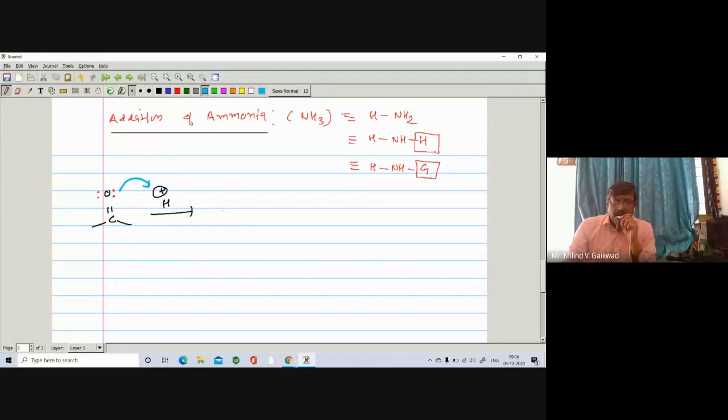And you are having such type of protonation product. Here is a carbon C double bond O, right? So there is a formation of a bond between the O and H. Oxygen carries a positive charge. It undergoes protonation, and further it reacts with ammonia. So I have written this ammonia like this one.